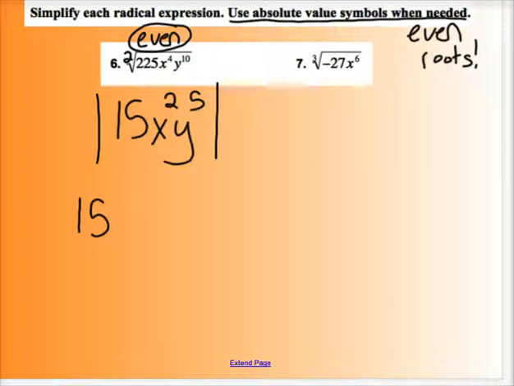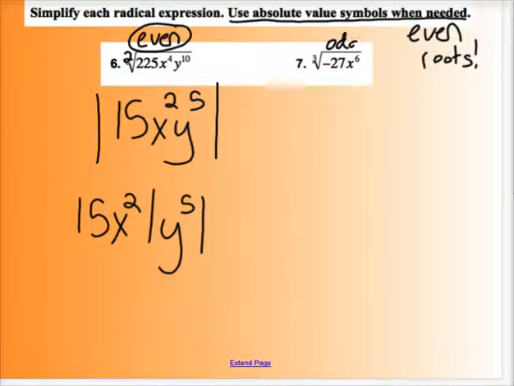X squared, anything to an even exponent doesn't need the absolute value because it's automatically going to be positive. The only thing that needs to stay inside is that y to the 5 because that potentially could be negative. And so that is going to be our final answer, where you need to get to for me.